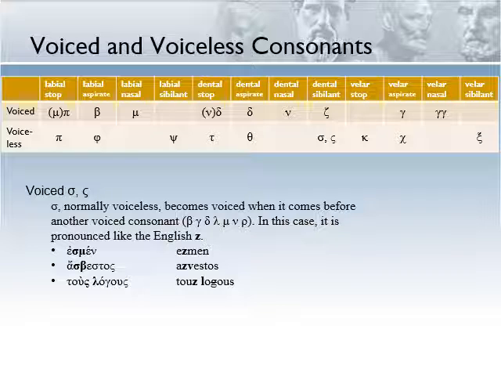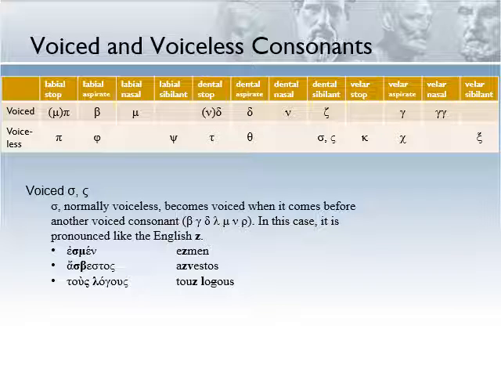Now this rule applies also even when you have a terminal sigma that comes before the next word beginning with a voiced consonant. Notice here we have two words with a separation in between them. The first word, tau, omicron, epsilon, sigma. Then you have another word. The next word starts with a lambda.